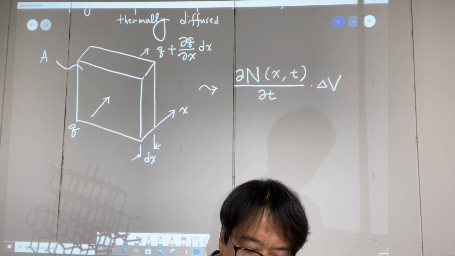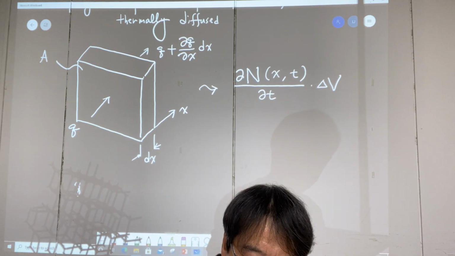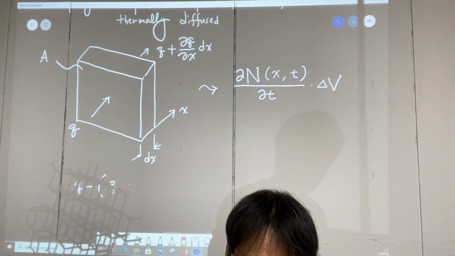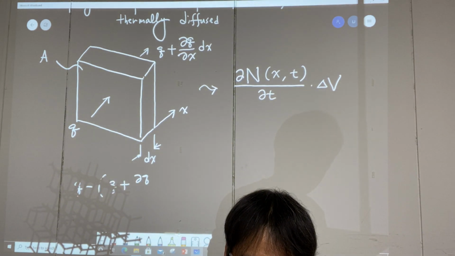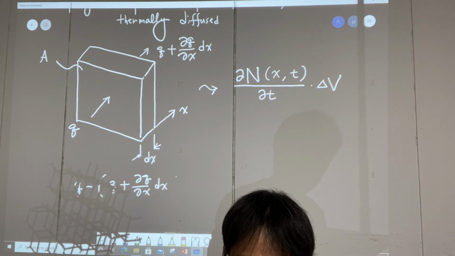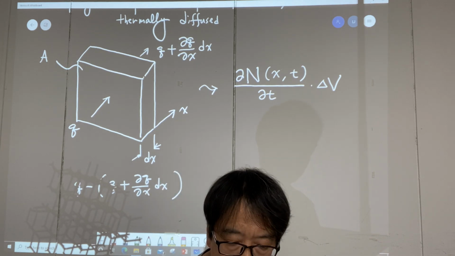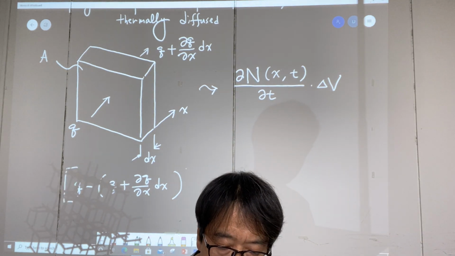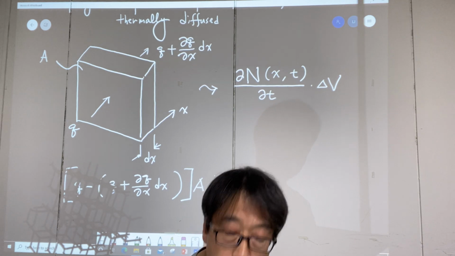So you set the equation like Q minus (Q plus partial Q partial x dx). Of course, you need to multiply the whole thing by the area, right?